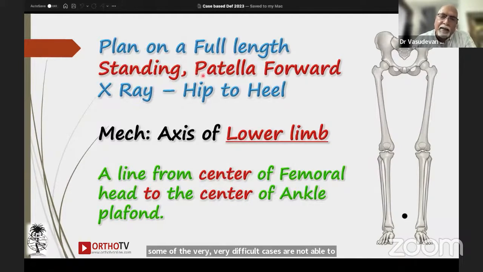In some patients, the patella is already subluxated, and you cannot keep the patella pointing forward. So there is always an exception to the rule. But it's a general principle that we must take a full length hip to heel X-ray to calculate the mechanical axis of the lower limb.